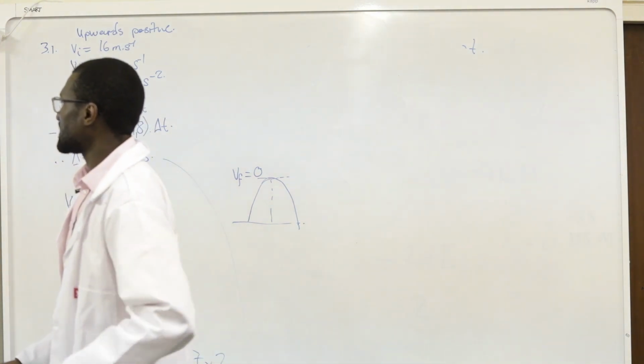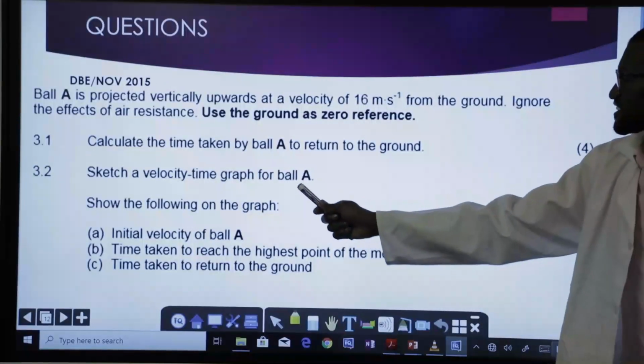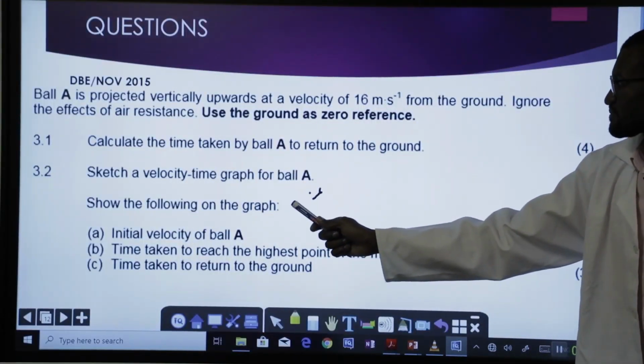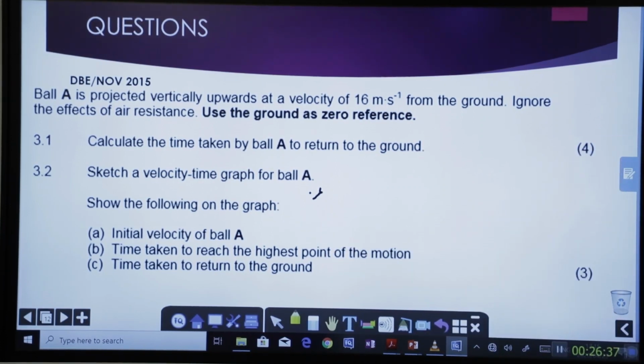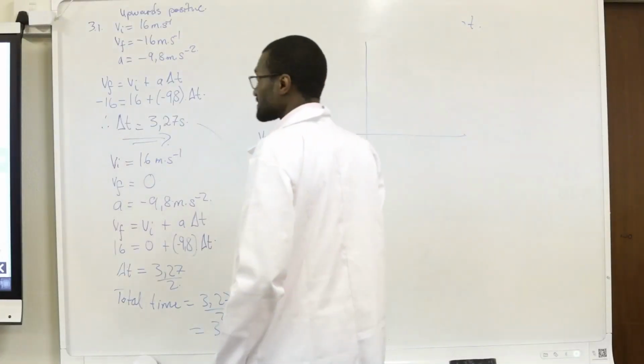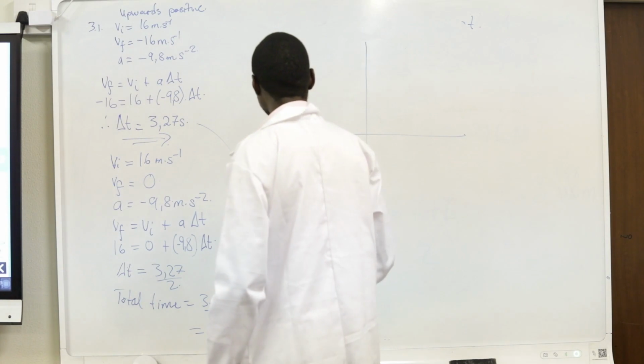The next question says, sketch a velocity time graph of the ball A, showing the initial velocity, the time taken to reach the highest point, and the time it takes to hit the ground. Once again, if I take the upwards to be positive, in my examples here, you can choose otherwise.